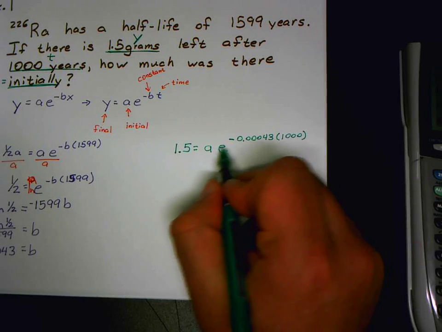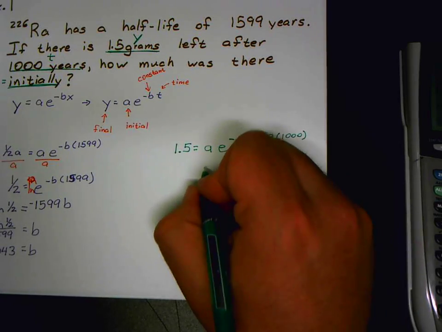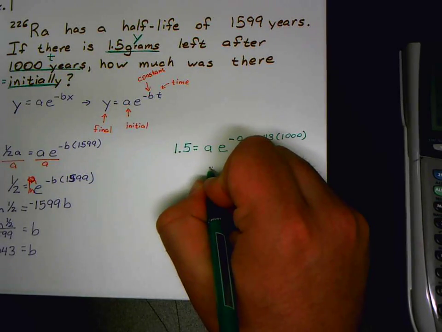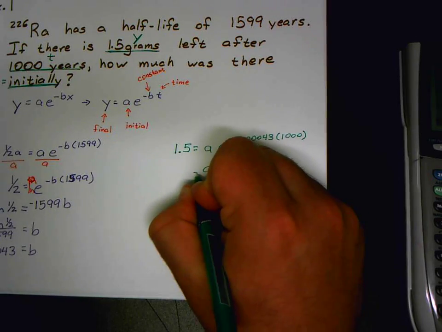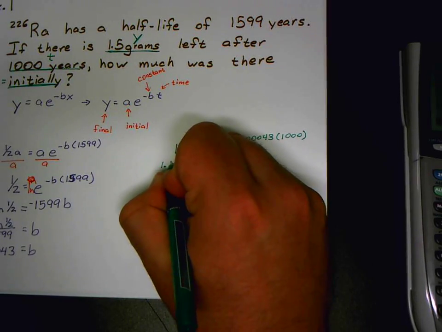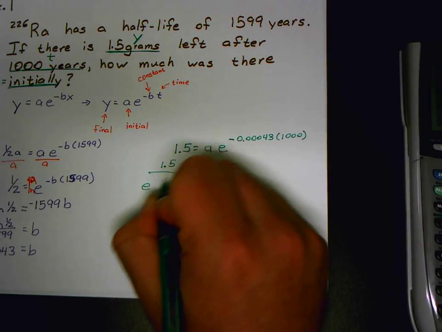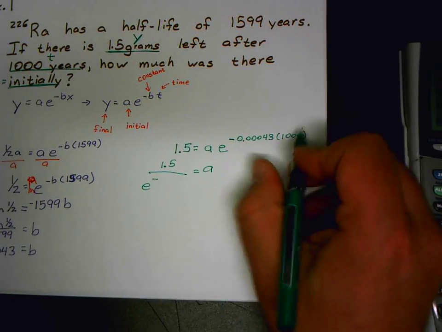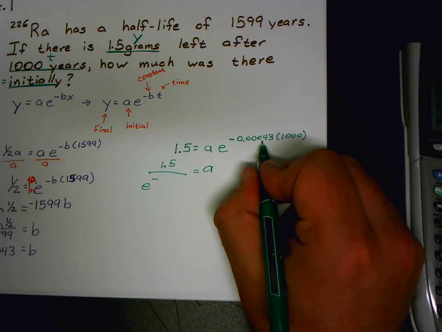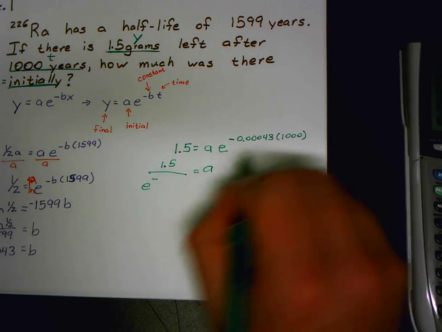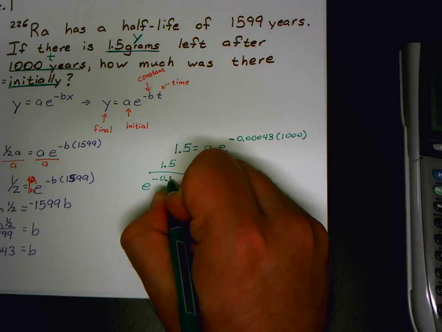So what I'm going to do is I'm going to divide both sides by whatever that is. So A is going to equal 1.5 divided by e to the negative, let's see, that just means I move it over 4 places. Yes, 0.43.